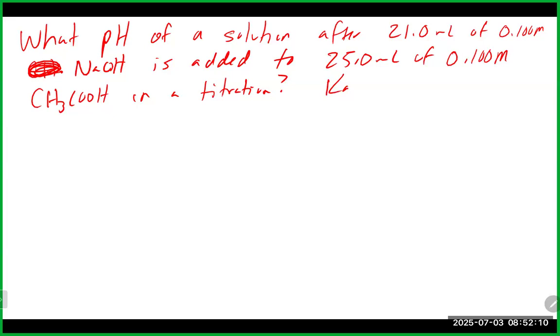All right, the Ka for acetic acid is 1.8 times 10 to the minus 5. All right, let's take a few moments there and calculate.